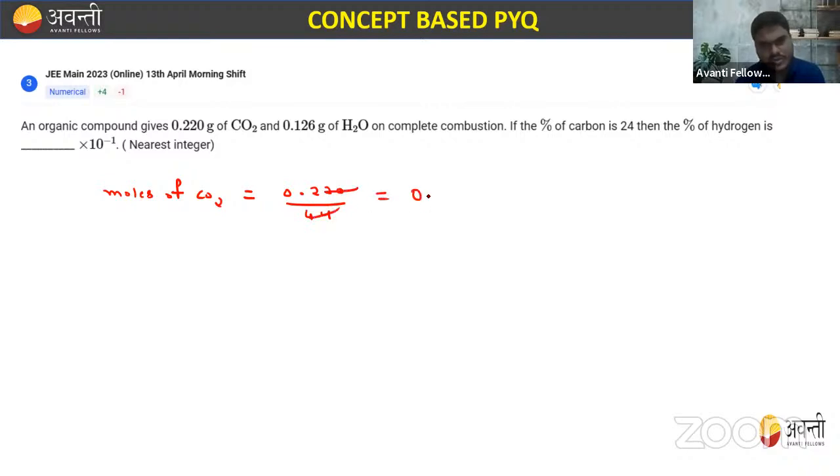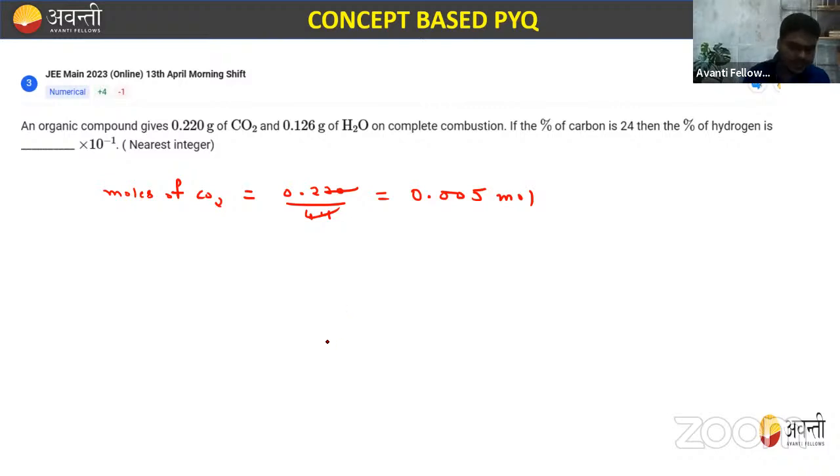So it comes out to be 0.005 mole. Right? Since each mole of CO2 contains 1 mole of carbon, therefore 0.05 mole of carbon in the compound.